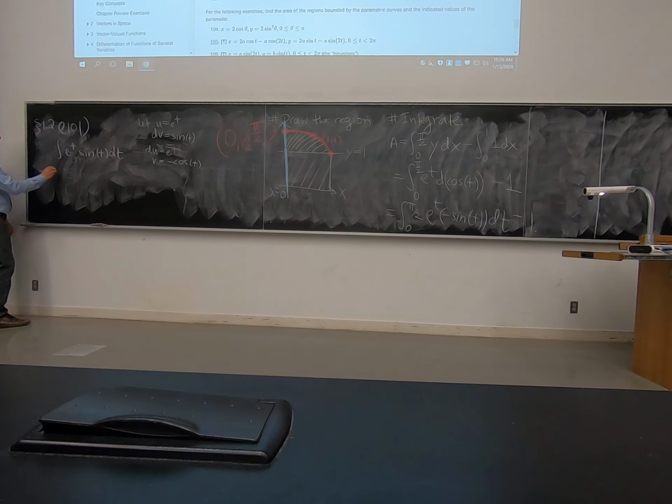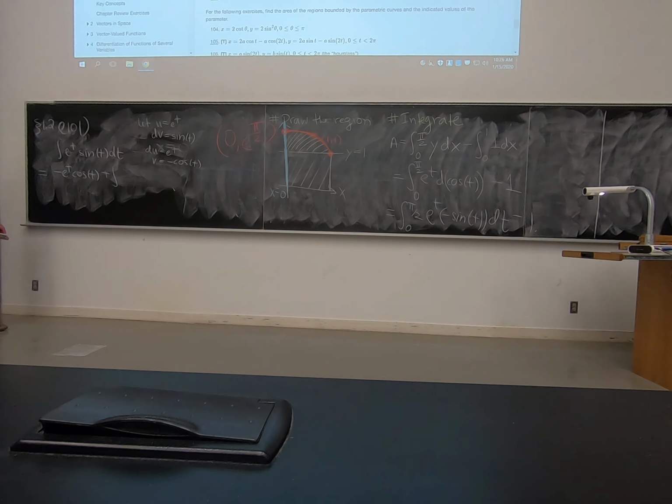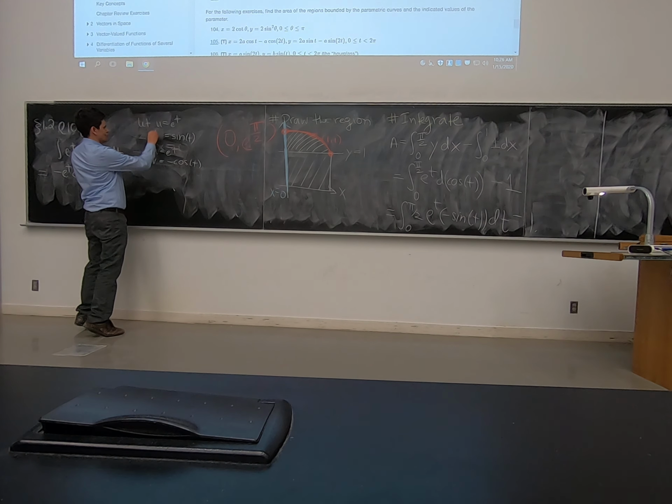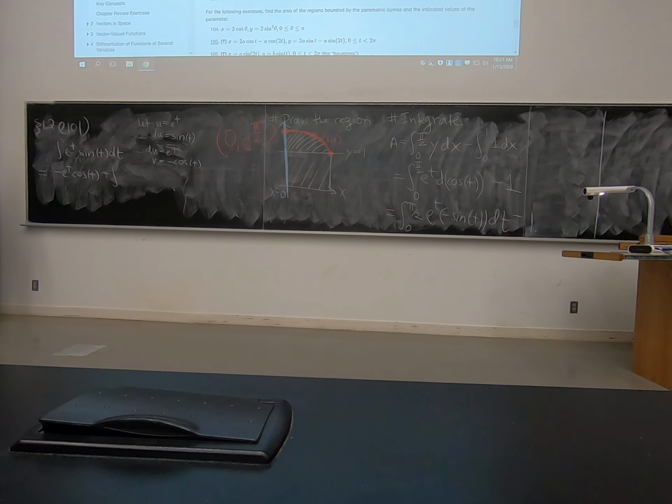We wind up getting negative e to the t cos t, then we put in plus integral. Wait, we've already done something wrong. What's the thing we've done wrong? It should be the other way around. So what do we want? We want uv minus the integral of v du. Is that the usual formula?